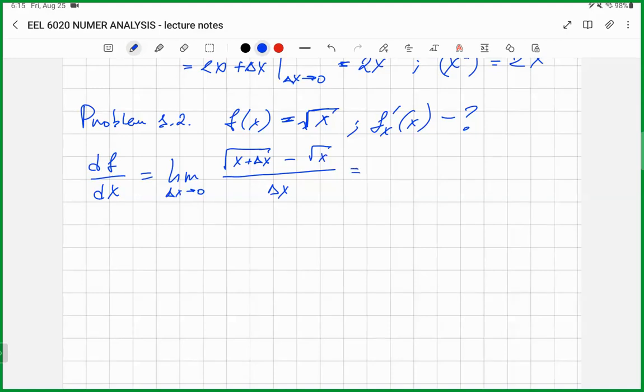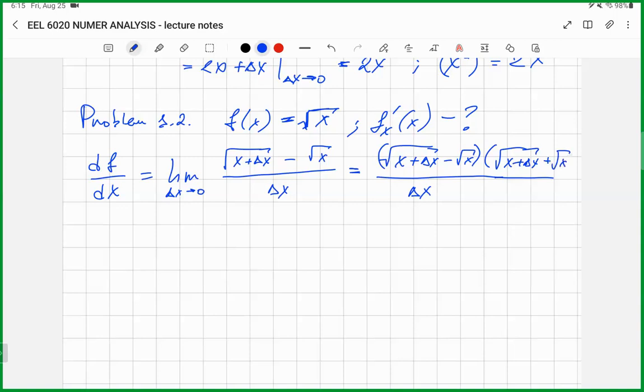So, to do so, I can use this trick. I can multiply and divide this ratio by the same thing. So this is my numerator. I multiply numerator and denominator by the same thing, square root of x plus delta x, plus square root of x.